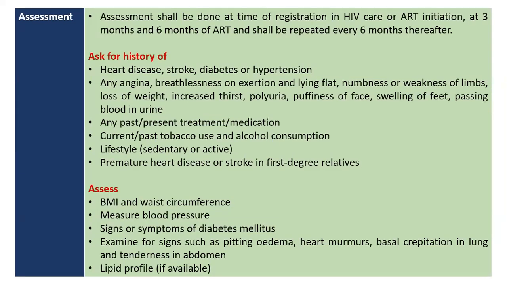Now, assessment is done at the time of registration in HIV care or during ART initiation, and then at 3 months and 6 months of ART, and should be repeated every 6 months thereafter.